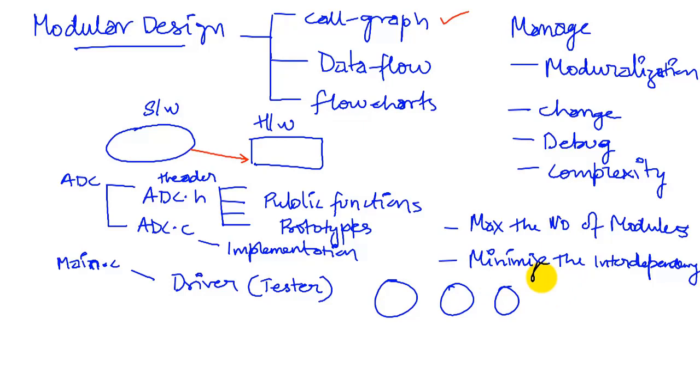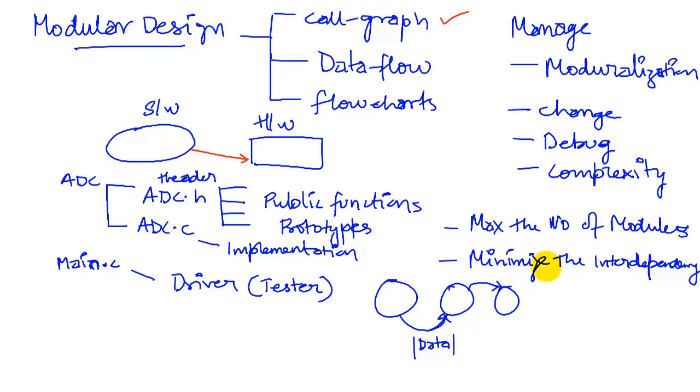But by interdependency, we mean modules are going to exchange information. So there's going to be modules communicating with each other. This module may call this module, which may in turn call this module. But part of this is how much data they exchange, the volume of the data, if you will.